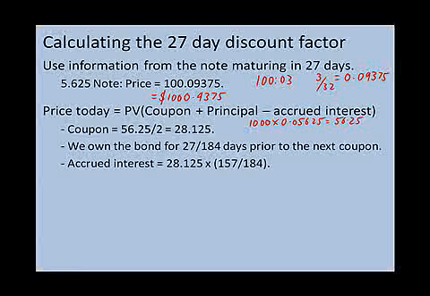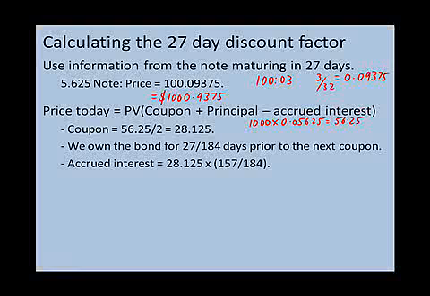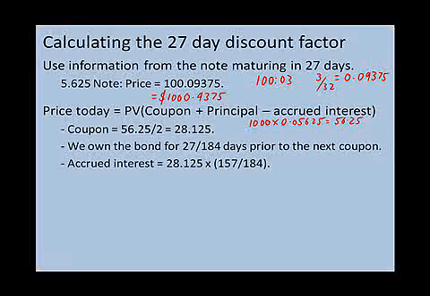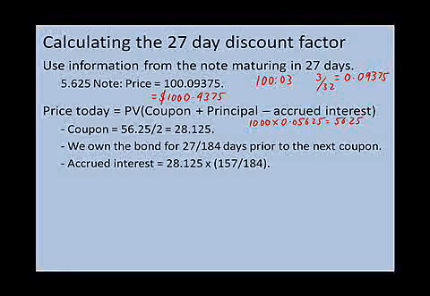So the payment that we're going to receive in terms of coupon in 27 days is $28.125. Now we've got to worry about accrued interest. We own the bond for 27 days out of the 184 days since the previous coupon. The accrued interest is going to be over the previous 157 days.